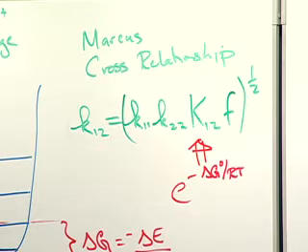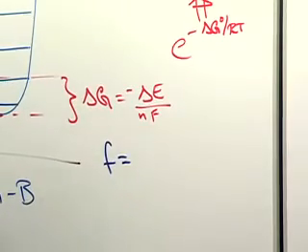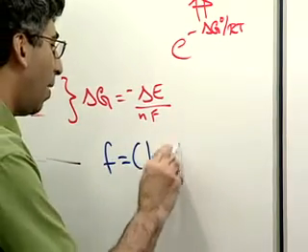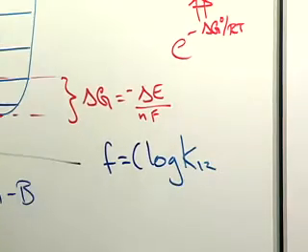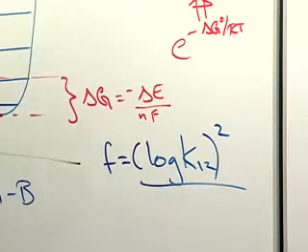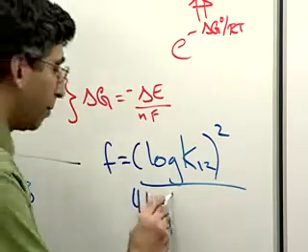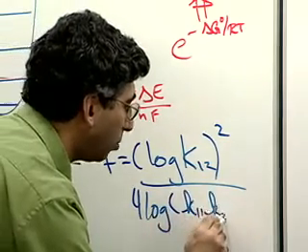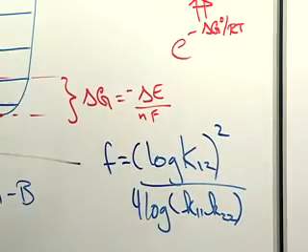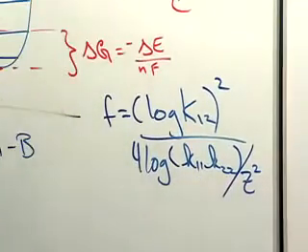It turns out, by the way, most people just leave that F as an F because they can't deal with it, but Marcus actually told us that it is a frequency factor, and that F is equal to, let me make sure I get this correct, the logarithm of that K12, that equilibrium constant, the quantity squared, divided by 4 times the log of K11 times K22, the self-exchange constants, the whole mess divided by Z squared, where Z is a collision frequency.